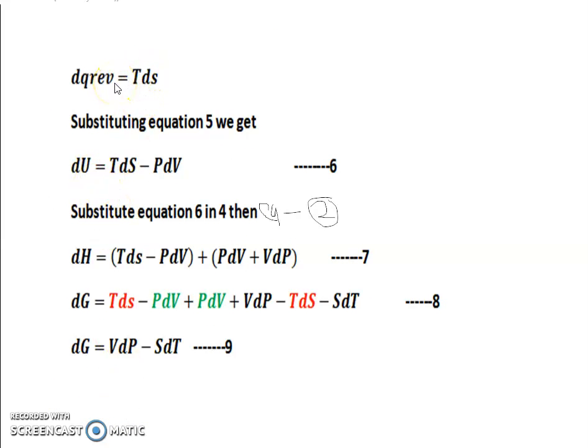From these two equations we can compare and get dq reverse is equal to TdS.